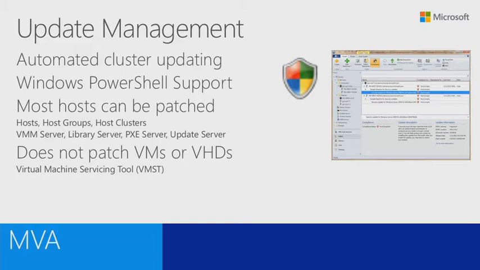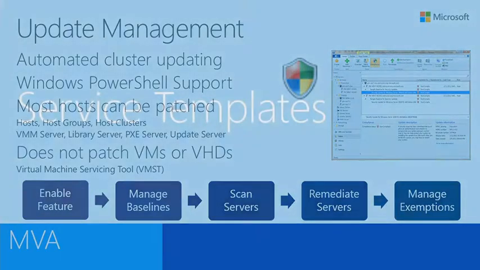And important to note, it does not actually patch the virtual machines themselves, just the physical hosts. If you want to patch the virtual machines, we recommend checking out the Virtual Machine Servicing tool, VMST, which will actually take an offline virtual machine, bring it online, apply a patch, reboot it, take it offline, put it back in the library, so that your offline images stay patched.